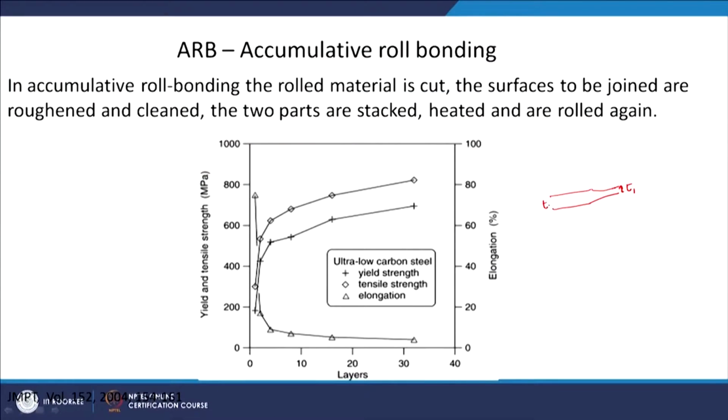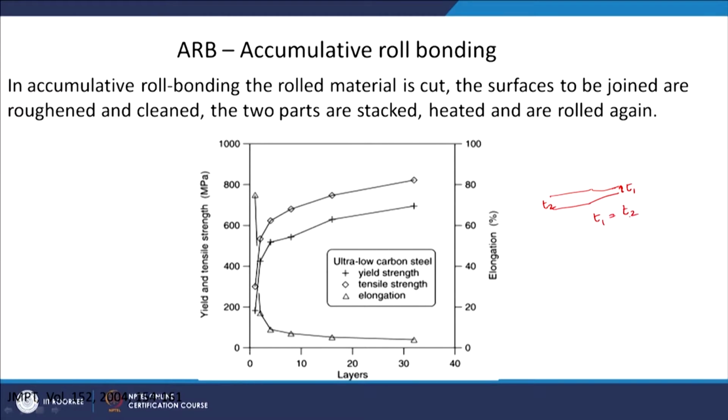So, this is one of the conventional processes modified as a non-conventional one. So, again what you do, you roll a sheet, its cross sectional area will be reduced. Let us say the thickness becomes half after rolling from the initial thickness. So, there is an initial thickness T1 and now it is becoming, let us say, T2.